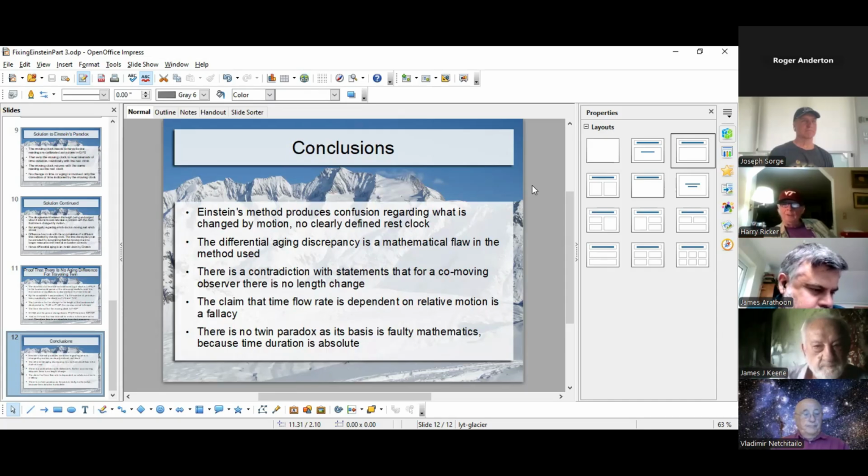They don't use the rest mass in the calculations. They use a relativistic mass in the calculations, and that relativistic mass is adjusted by the Lorentz factor beta.